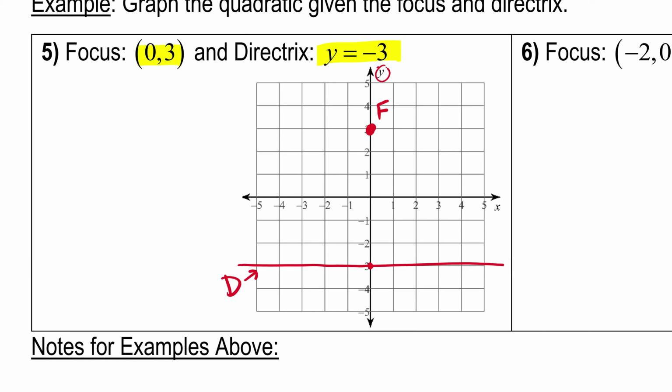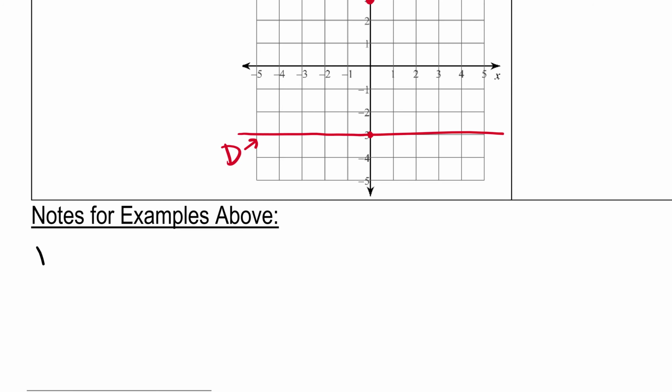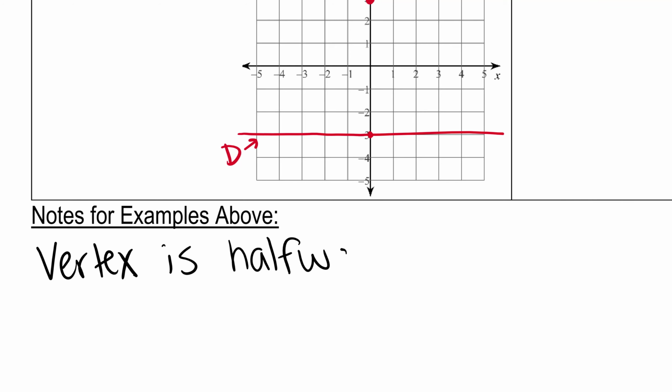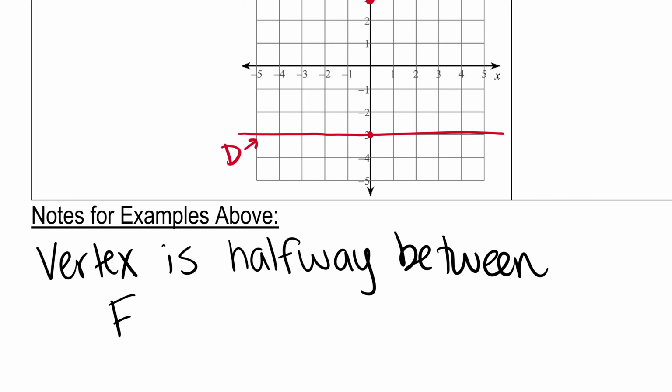Okay, now here's the cool thing. And if you need to write this down here, you can. Vertex is halfway between focus and directrix. So once you have focus and directrix, you can just go find halfway and that's it.